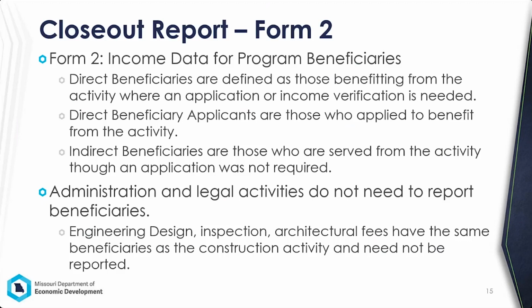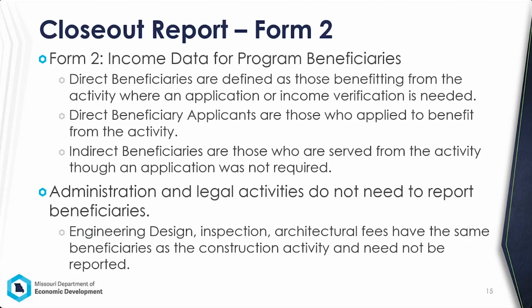It gets a little confusing, so let's say you have this multifamily project, and let's say 100 people have applied to be part of that multifamily, but only 50 were approved. You would put 100 direct beneficiary applicants but 50 direct beneficiaries.